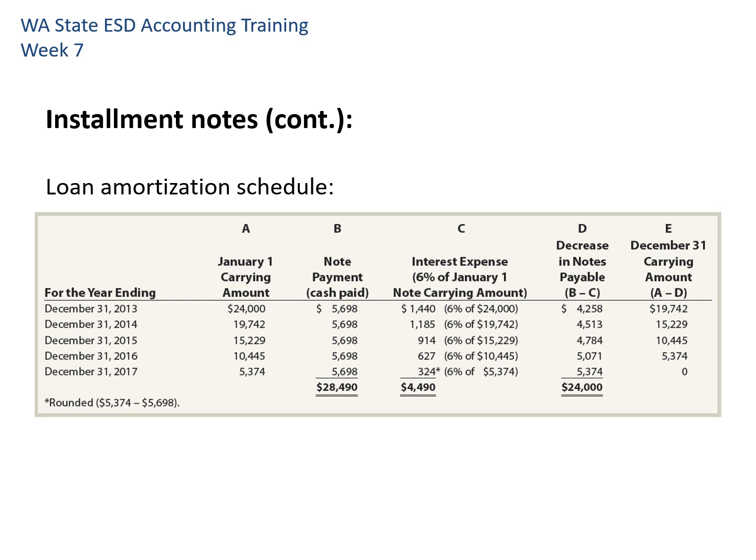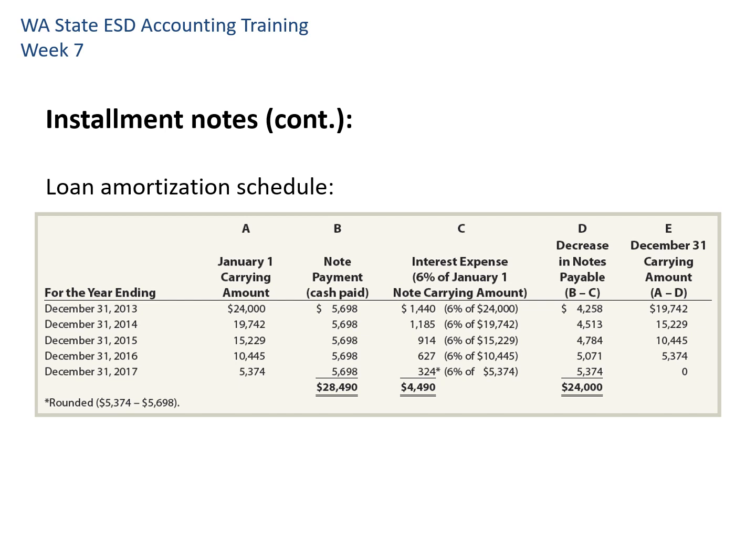So once I've made that payment and the $4,258 is applied to what I owe, I will then owe $19,742. That becomes the carrying amount on January 1st of the next year. Okay, so then I do the same math. $19,742 is due all year. What is 6% of that? It's $1,185.